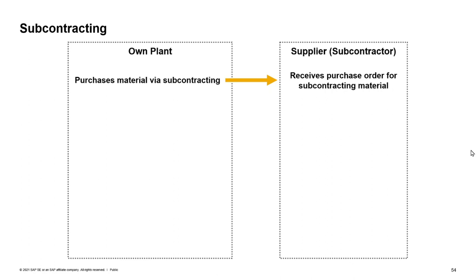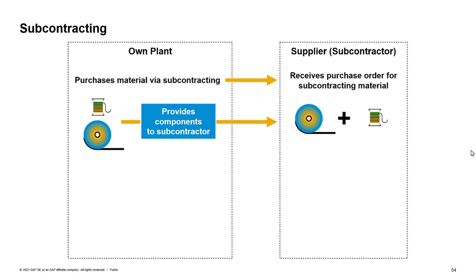The components that the vendor needs to manufacture the end product are specified in the purchase order. Subcontracting involves sending components to a vendor who assembles and manufactures. In inventory management, the components are posted to the stock of material provided to vendor.